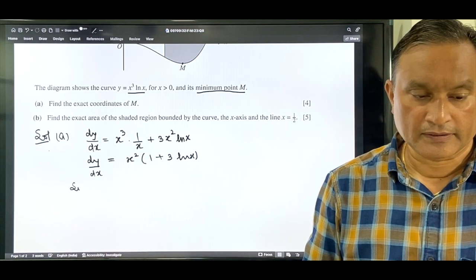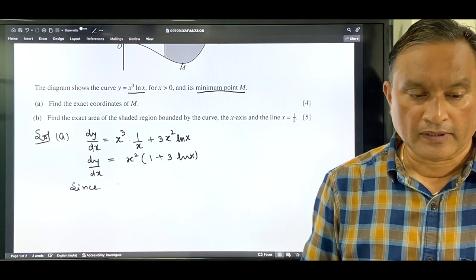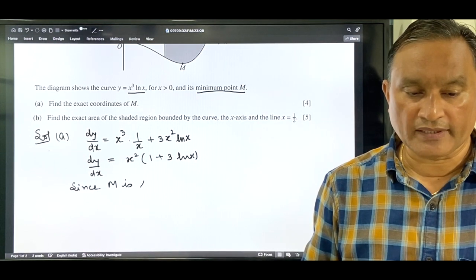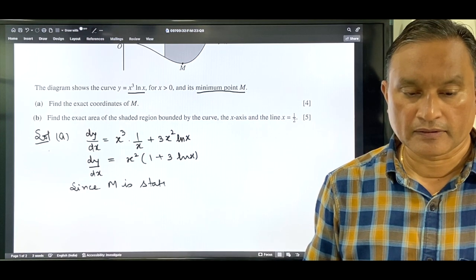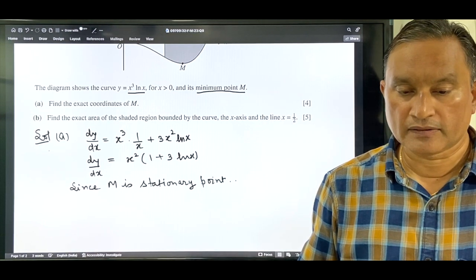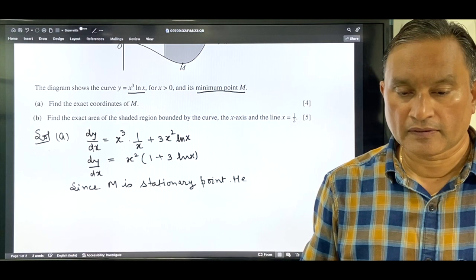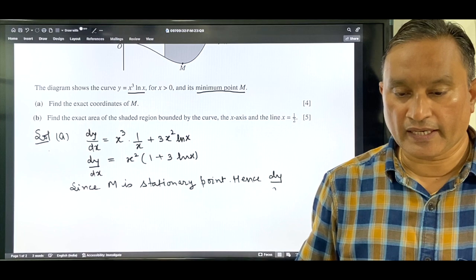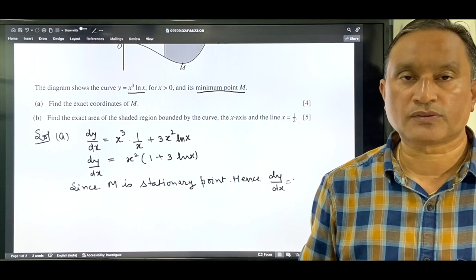Since M is a stationary point, hence dy/dx equals 0.